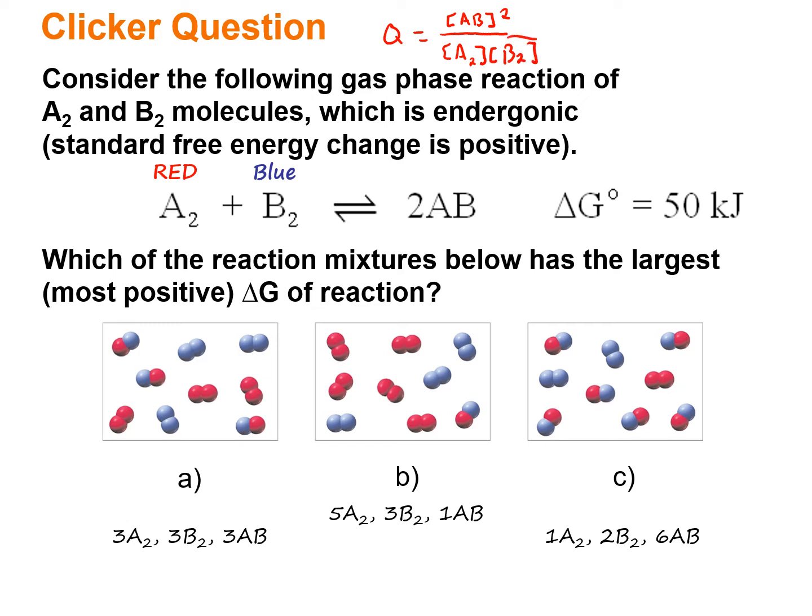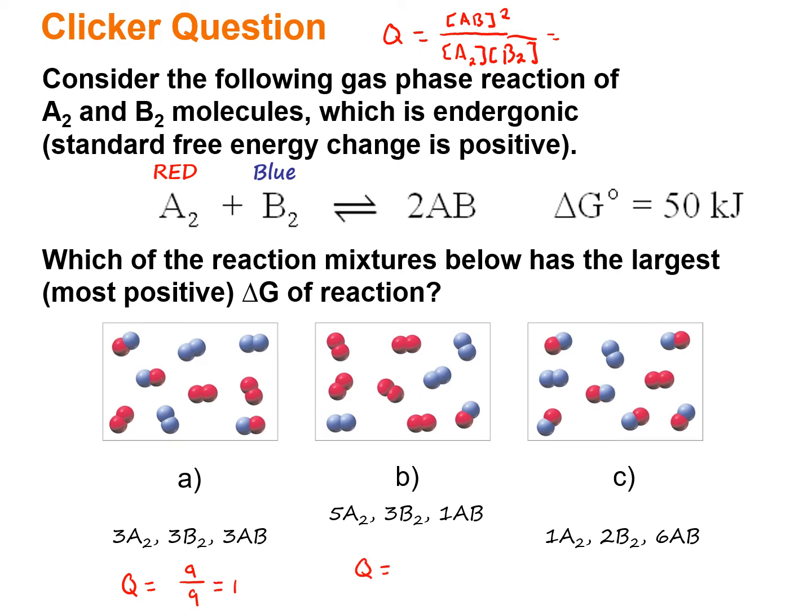If we calculate Q for each one of these, for mixture A we get 9 for AB squared in the numerator, and 9 in the denominator because it's 3 times 3, so we just get 1 here.